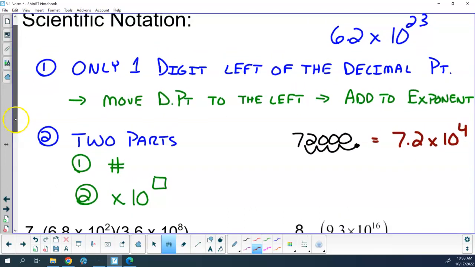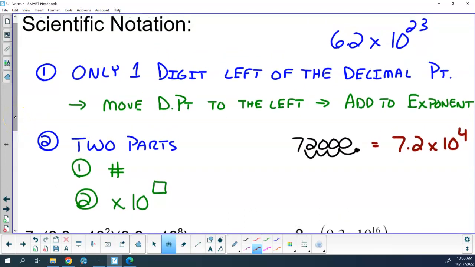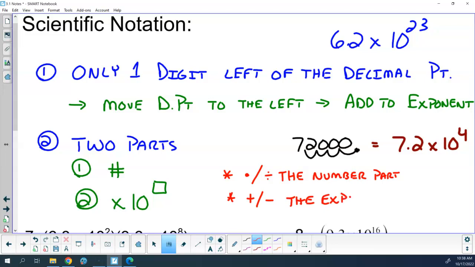So what happens there is when you're multiplying and dividing, you multiply or divide the number part, you add or subtract the exponent part, and then you've got to adjust so that you have one digit to the left, and so forth.